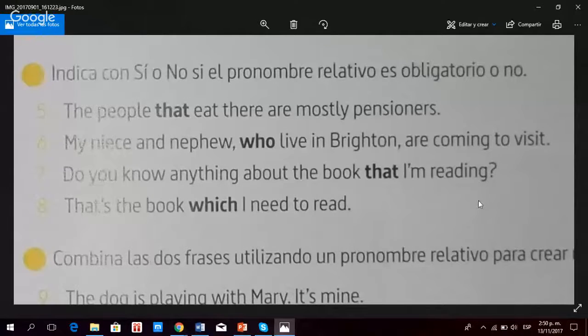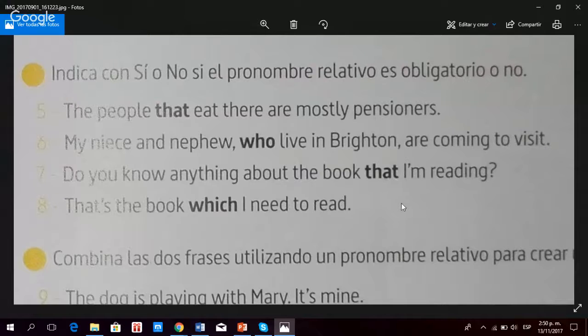It's not necessary because it's undefined. Do you know anything about the book that I'm reading? Well, I think it's not obligatory.